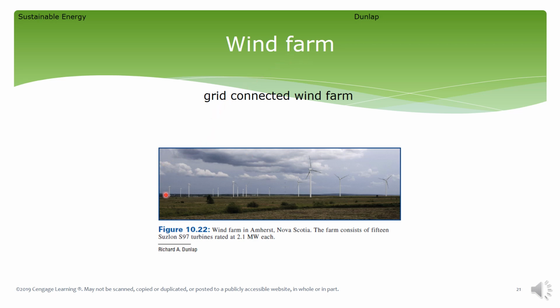This one shows a grid-connected wind farm in Amherst, Nova Scotia. The farm consists of 15 wind turbines rated at 2.1 megawatts each. It's pretty big.